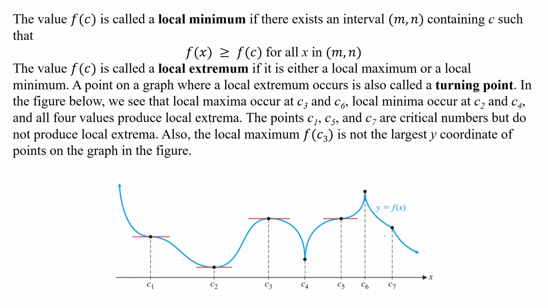Also, the local maximum f of C3, this one right here, is not the largest y coordinate of points on the graph in the figure. It's not the maximum, since this value is even higher than this one, and there are points going on out here too. So we don't know what it's doing out here or down here, but what's given, this is a local maximum, and this is also a local maximum, because again, we don't know for sure beyond that.